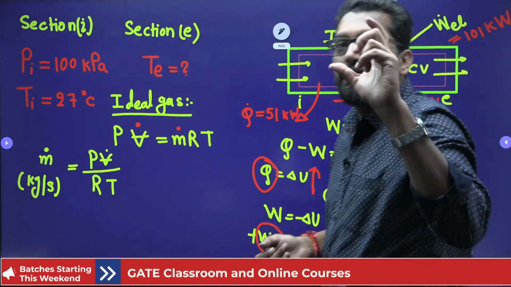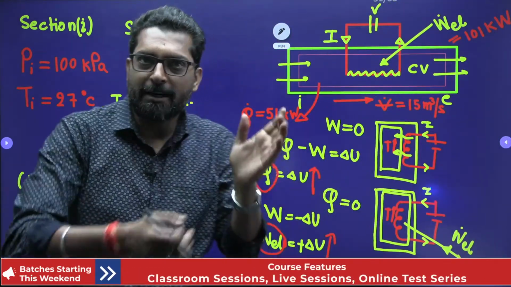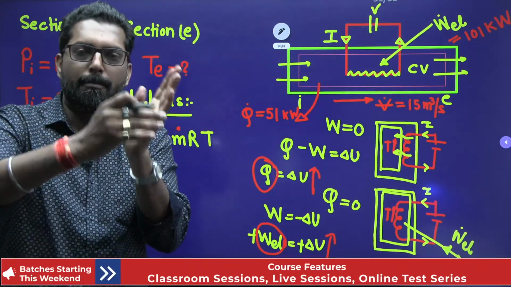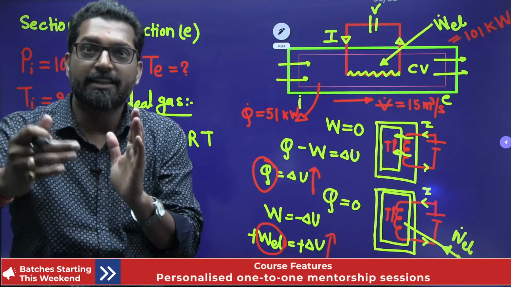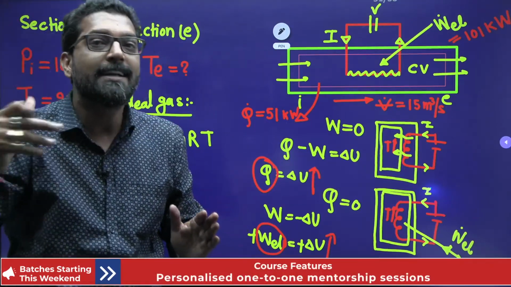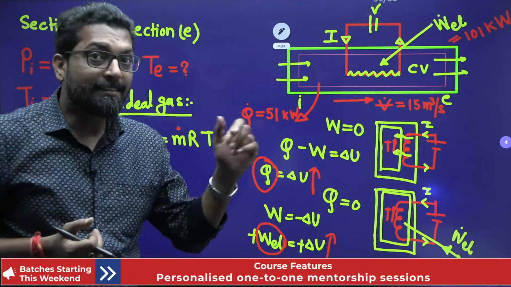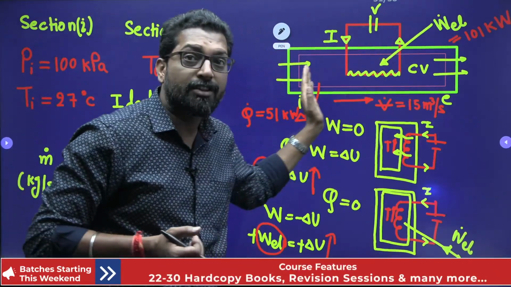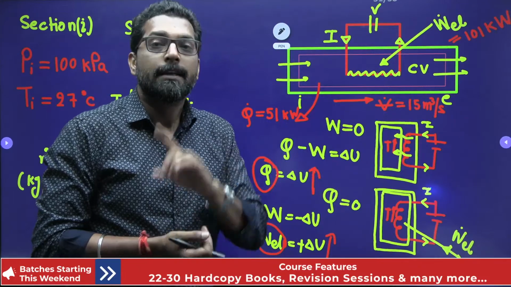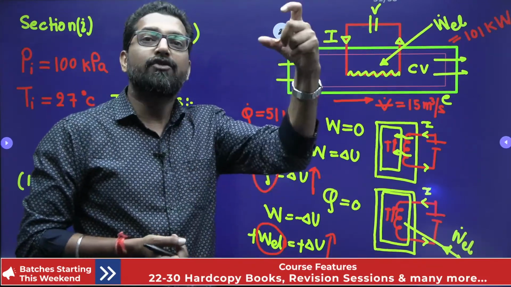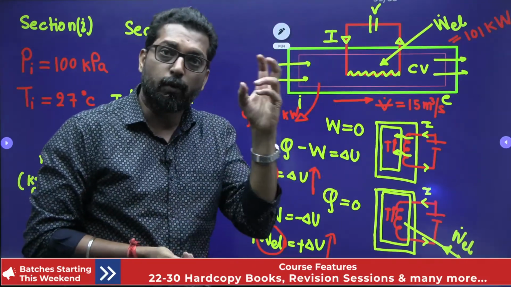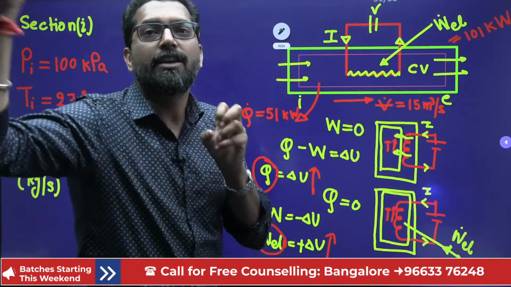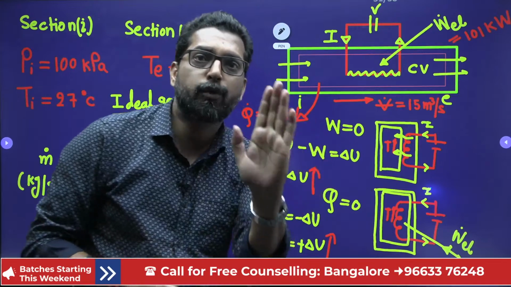Why? By the conservation of mass principle, m dot at inlet minus m dot at exit is equal to dmCV by dt. This is a steady device, so properties do not change with time, so dmCV by dt is equal to 0. That means m dot inlet is equal to m dot exit, so the mass flow rate is the same.